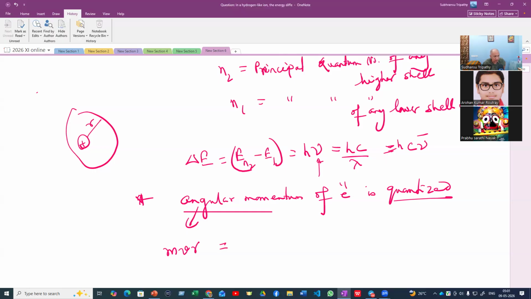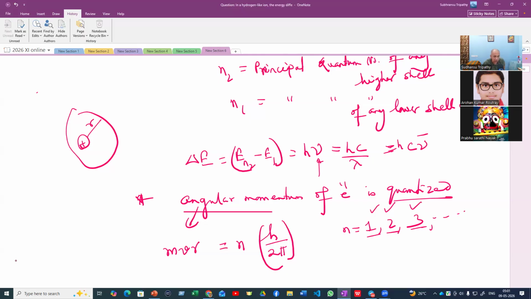So mvr, he proposed, should be a whole number multiple of a constant h by 2π, and this is n. n can be equal to 1, 2, 3. Principal quantum numbers always start from 1. The K shell, the L shell, the M shell, and so on. So in the first orbit, the angular momentum of the electron is simply h by 2π. In the second orbit, 2h by 2π.